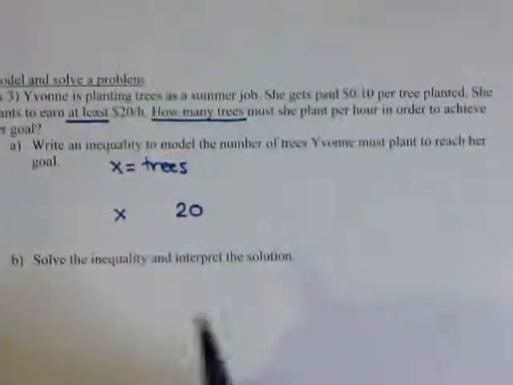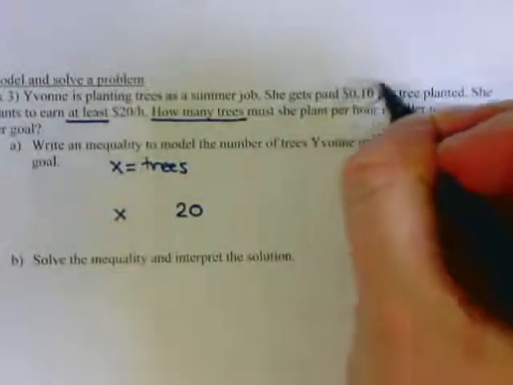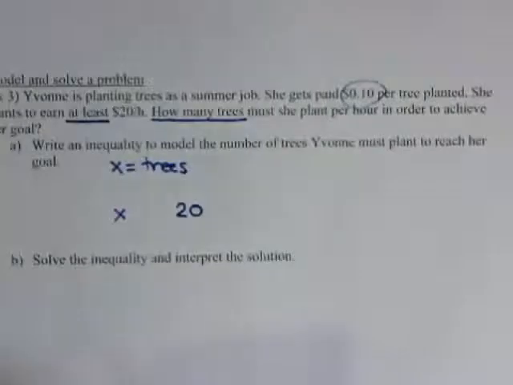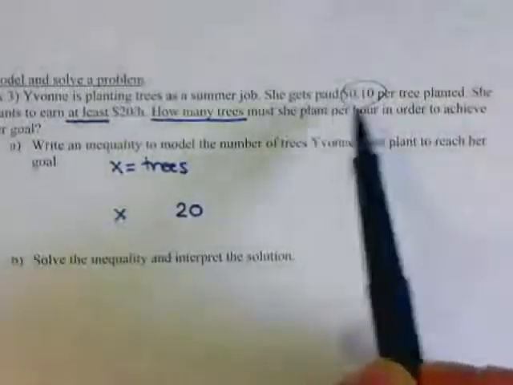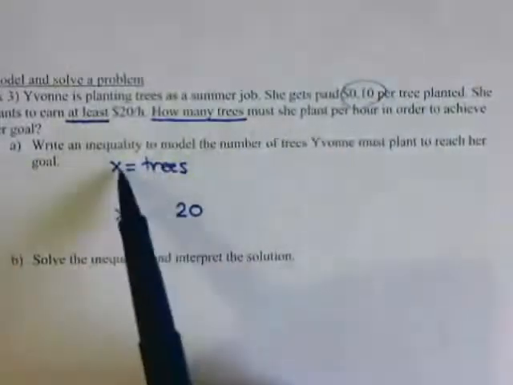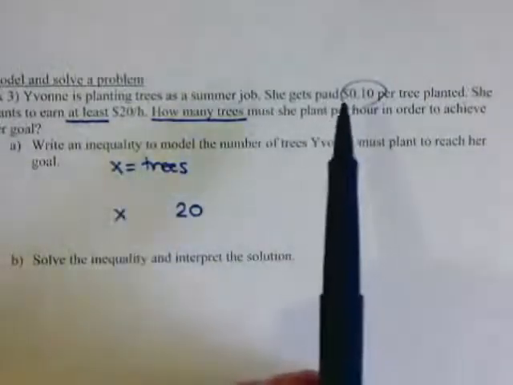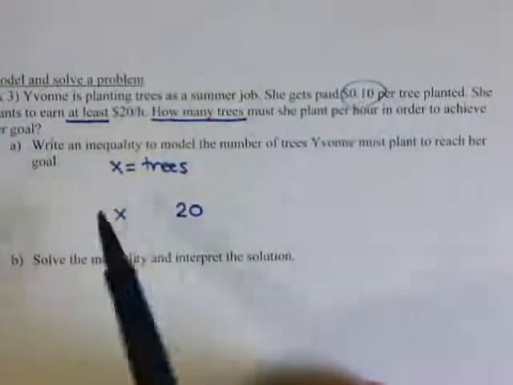And the other number we want to focus on is this guy right here, because that's how much she gets paid per tree. So in order to determine how much she makes per hour, we have to figure out how many trees she will have to plant. So we take this and it says per tree. Well, x is the number of trees, so that means that this should be multiplied by x.